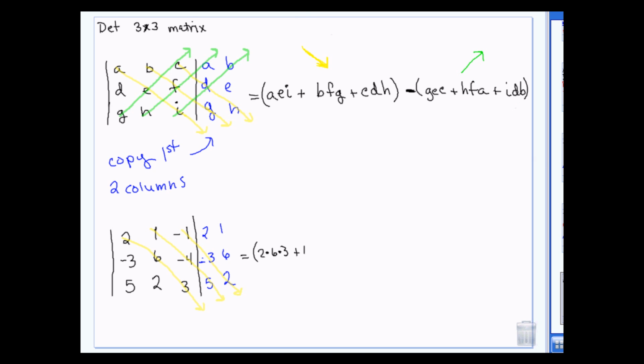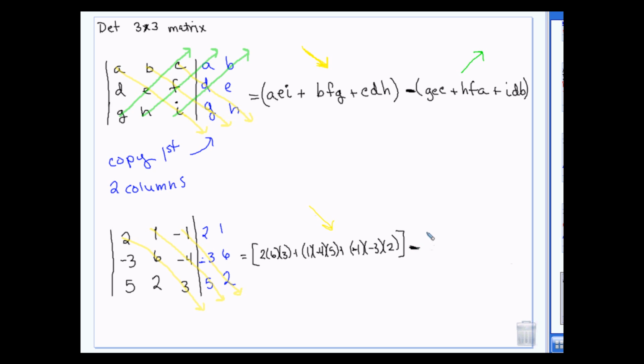I'm going to have to switch that to parentheses, sorry. 2 times 6 times 3. 1 times negative 4 times 5. And then negative 1 times negative 3 times 2. That's my first. These are my yellow.